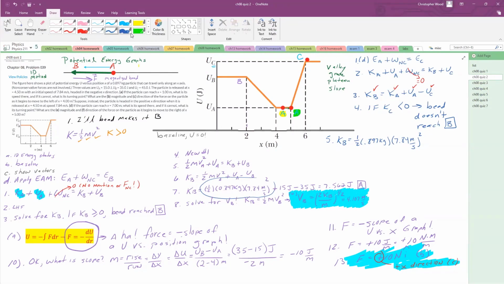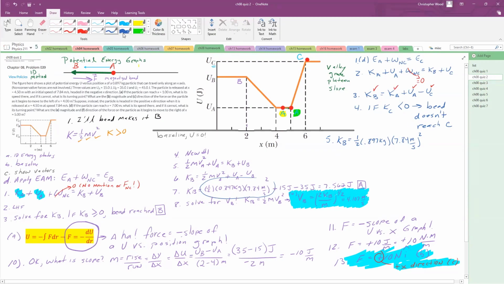And then last but not least, this should be C. And then I think I'm good to go. And I'm just calling it C because I'm ending up at what the problem depicts as potential energy at point C. So just to keep consistent with that. If K sub C, all right, that's good.